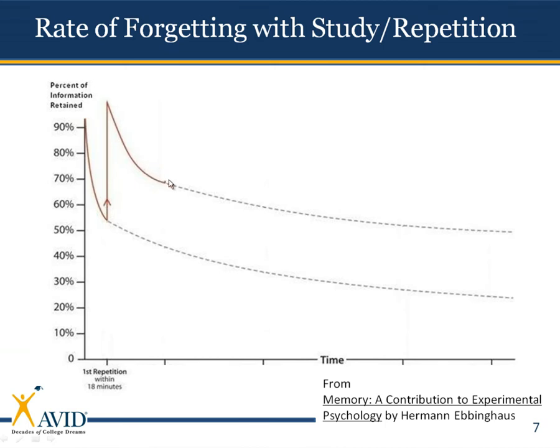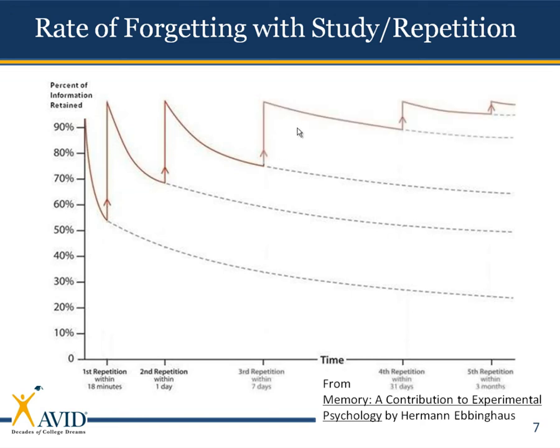And as it starts to fade away in our brain again, we can bump it up with a second repetition, and then continue bumping it up with a third, fourth, and fifth repetition where that level of retention stays really high. So why this is good news is that if you had a test, say right here around day 8, if all you had was your initial interaction with that material, you would expect to have less than 40% retention, and you would probably expect to fail that test.